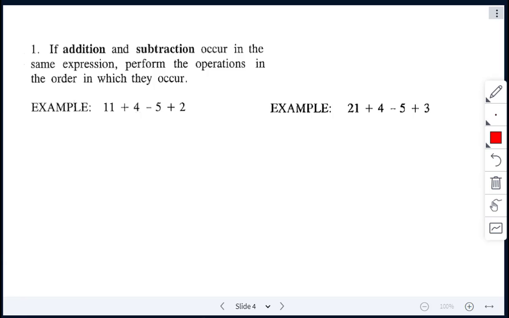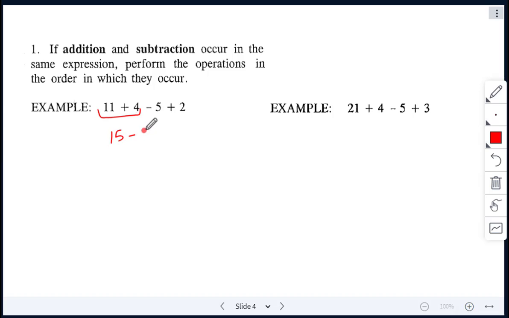All right, so our first example we're looking at is if addition and subtraction occur in the same expression, perform the operations in the order in which they occur, meaning from left to right. So in this case, we would work with the 11 plus 4 first. 11 plus 4, which gives me 15.